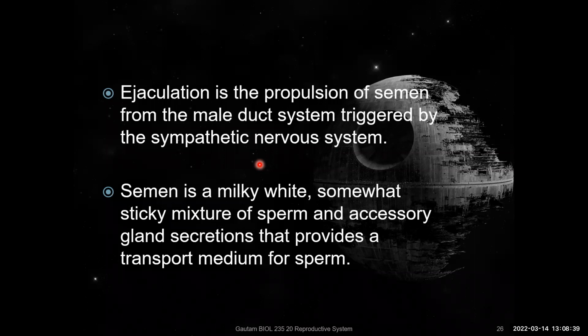What is semen? It is milky white in color. It can be sticky depending on the amount of sperm that's present, and it has accessory gland secretions, and these secretions are going to keep that sperm alive for the transport.